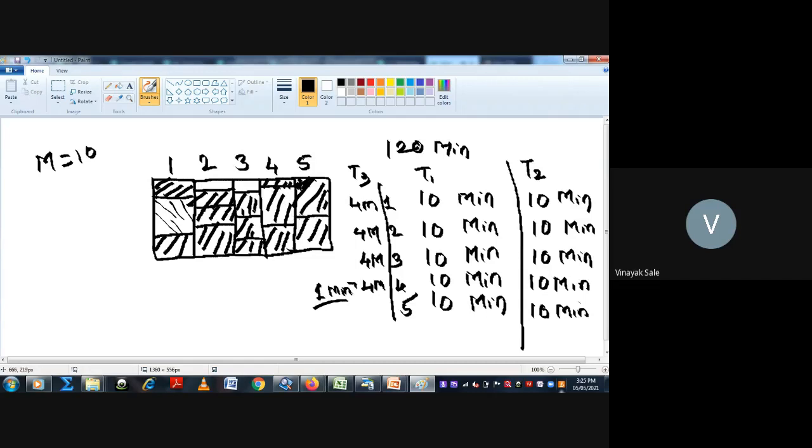So the remaining time slot is given to question second or question third as per requirement. Then the remaining time slot for question fifth is not needed, as it is already completed. This 4 minute time slice is given to question second or question 4 as per requirement. This is the scheduling, that is time slicing or round robin scheduling.